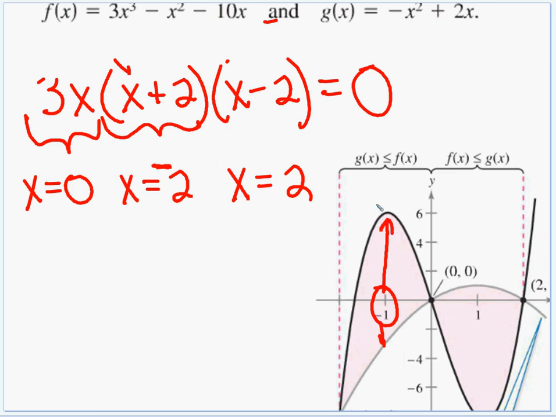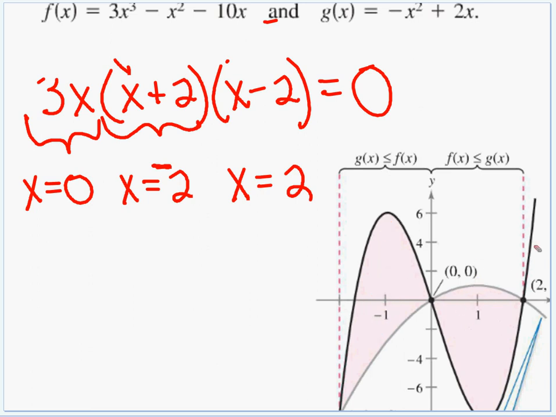So I know that F is on top. If I put positive 1 into both of the functions, the g of x function will have the bigger output. So even if the graph is not handed to you, you can do this flying blind just by plugging in a test value and seeing which y value is bigger.